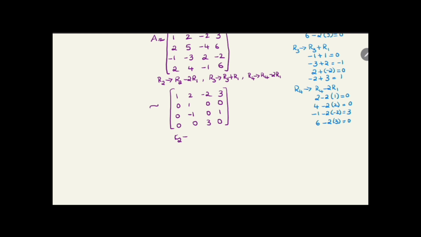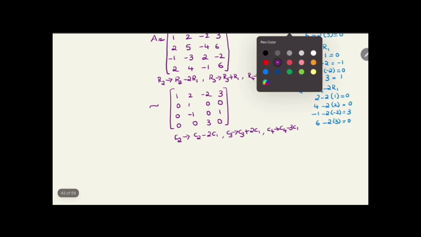C2 implies C2 minus 2C1. You have to multiply column 1 by 2 and then subtract from column 2. In the same way, here it is a negative number, so you have to perform addition. So C3 implies C3 plus 2C1. And the next one is C4 implies C4 minus 3C1.